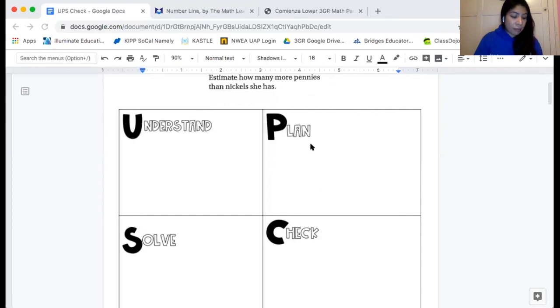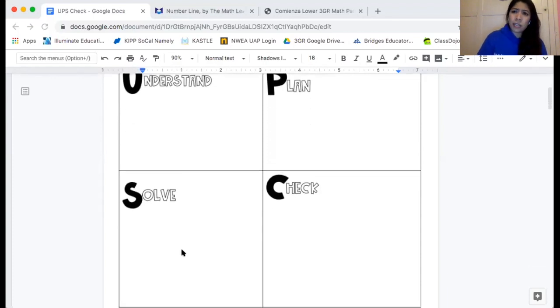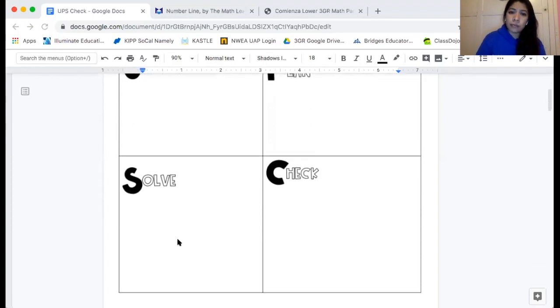Once I have made my plan, what does it mean to solve? That means you're doing the operation. Good. Which strategy will you use to check? Can you think of a different way to check?